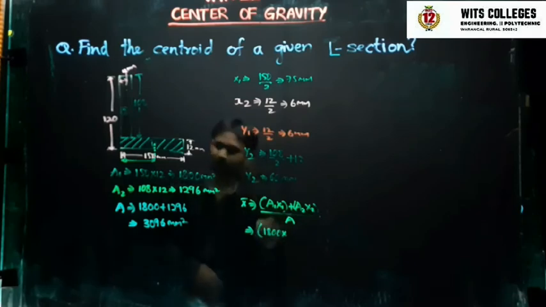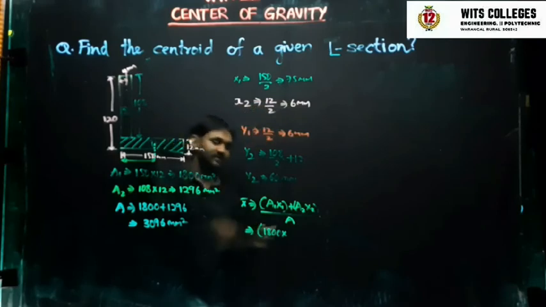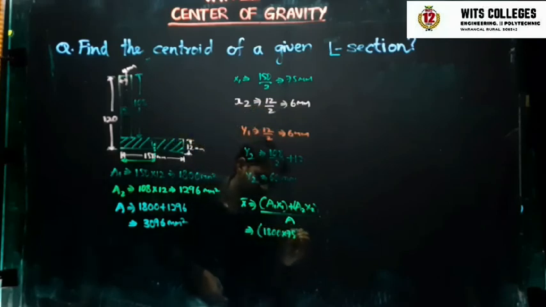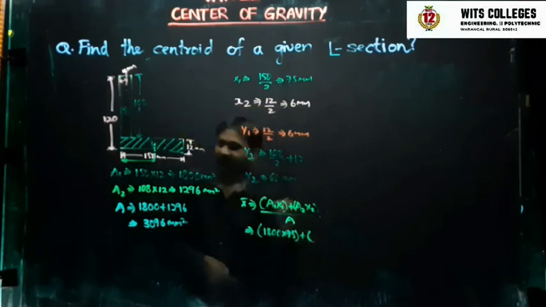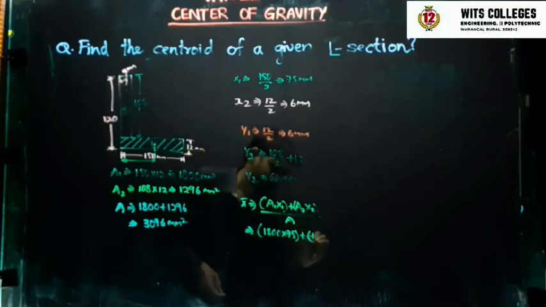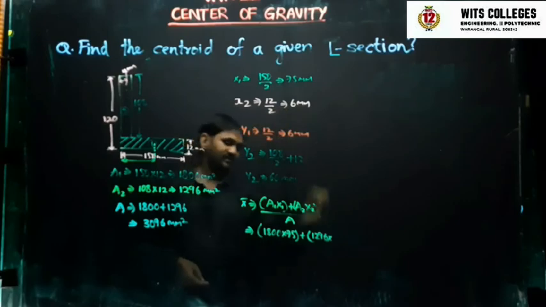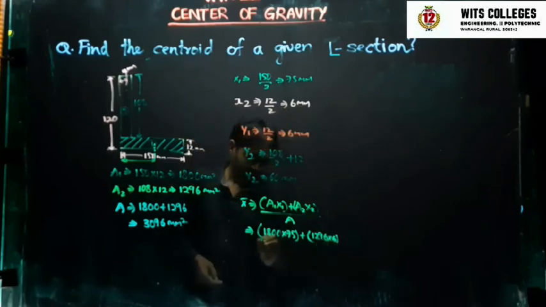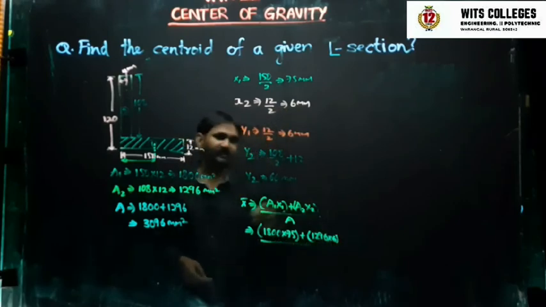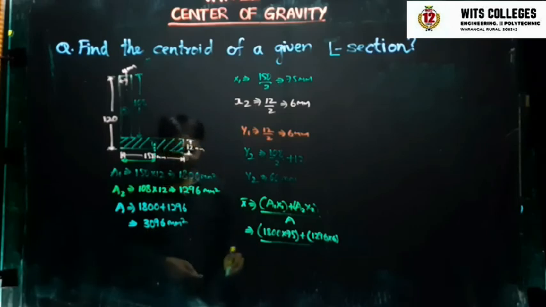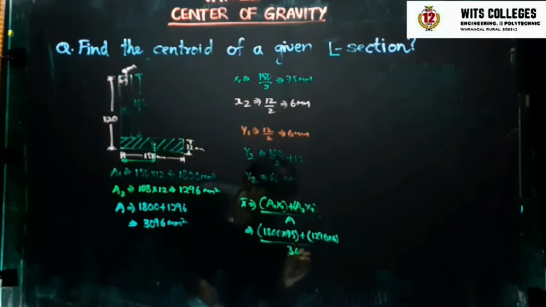1800 into x1, which is 75, plus A2, which is 1296, into x2, which is 6 mm, divided by capital A, the area, which is 3096.